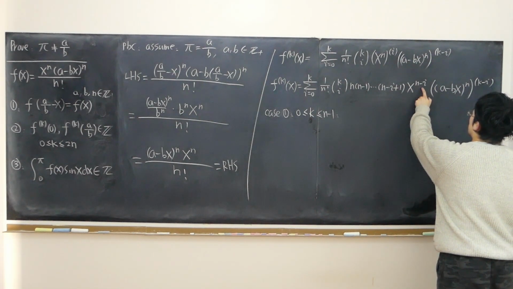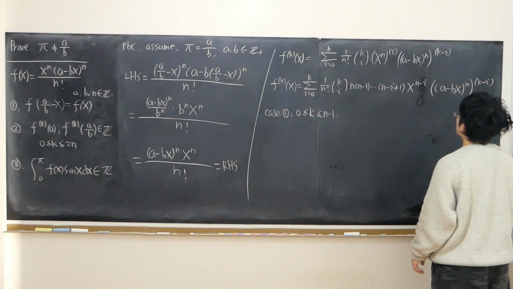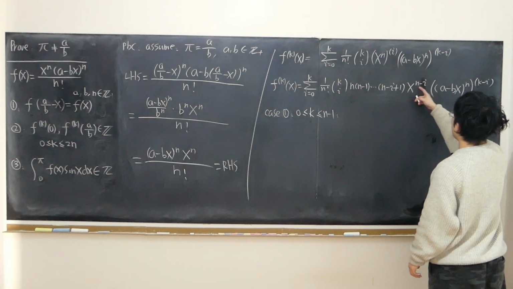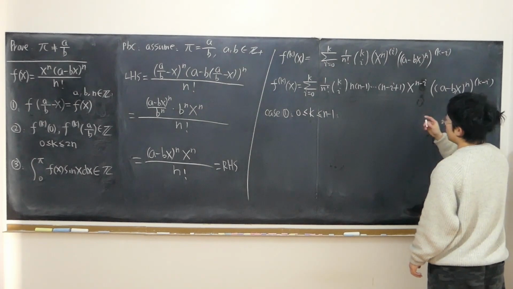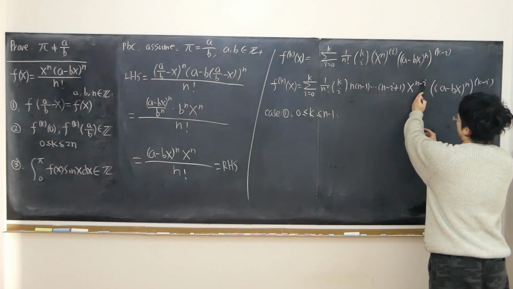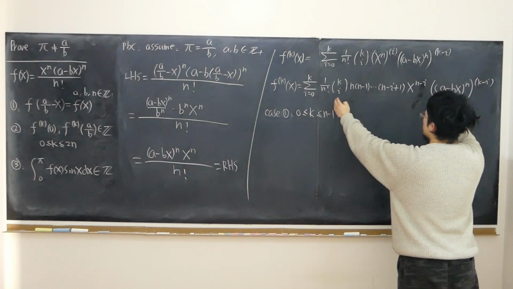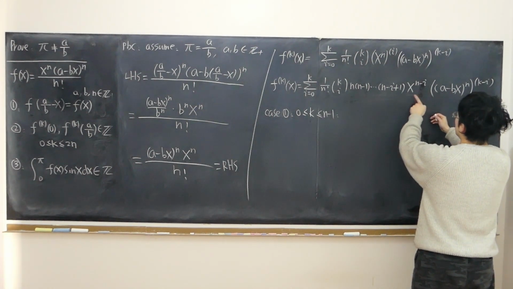So in this case, n minus i, in the worst case scenario, I just have n minus (n minus 1). That's the worst case scenario. But even in that case, I still have a power of just 1. For other i's in this case, the power is always a positive integer. So all in all, in this sum, every single term will contain this factor, that is x to the power of a positive integer.